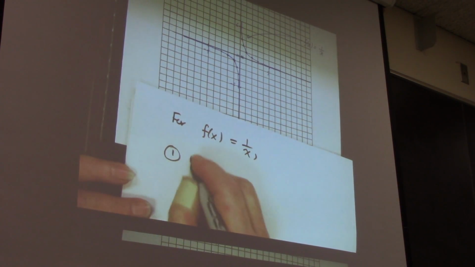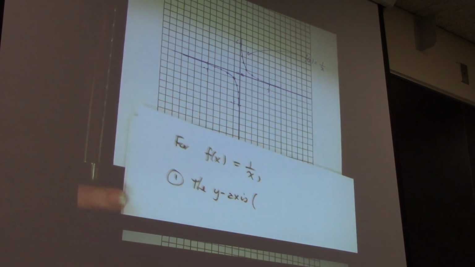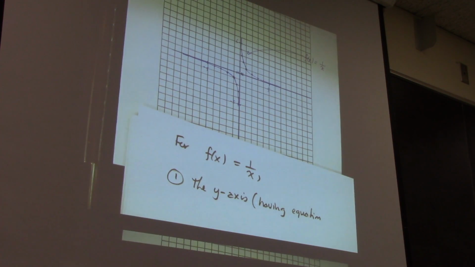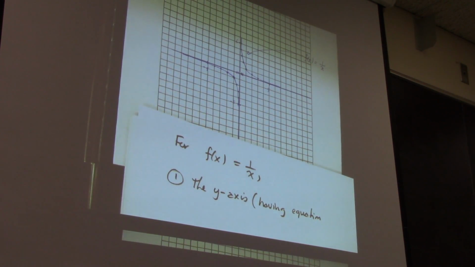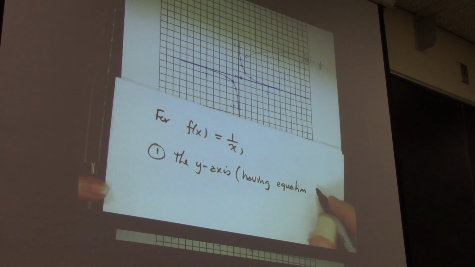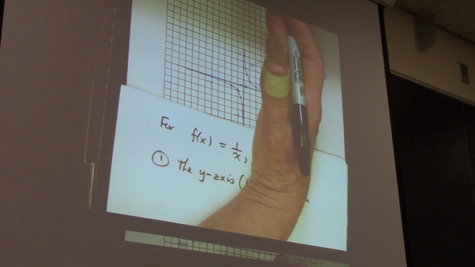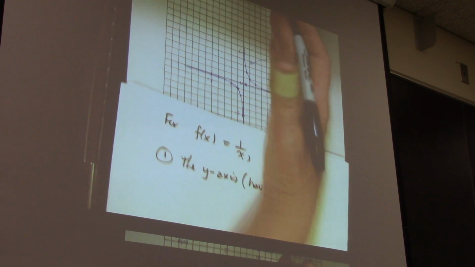So, the y-axis: what is the equation of the y-axis? The y-axis is a vertical line, and every vertical line has what kind of equation? What if I have a vertical line where all the x-coordinates equal 5? The equation of that vertical line is x equals 5.